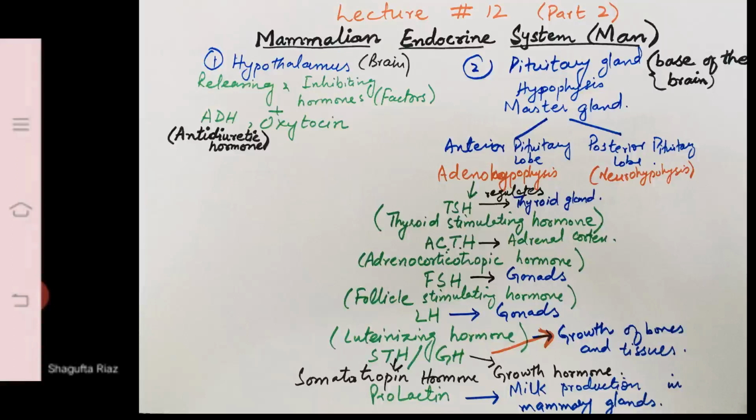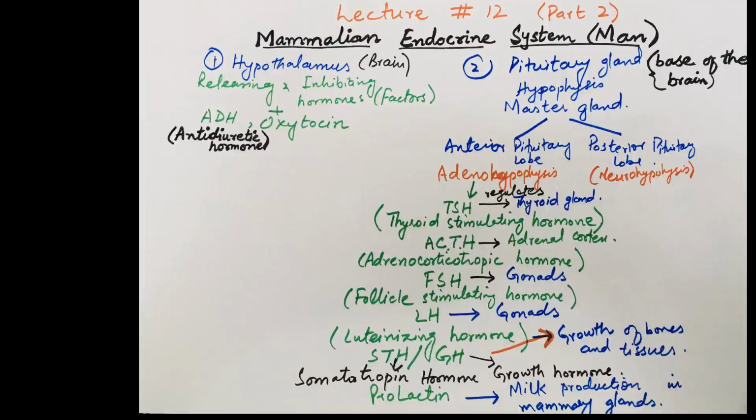Okay, the pituitary gland or hypophysis is divided into two different parts, that is the anterior pituitary lobe and posterior pituitary lobe. Okay, there are two parts, anterior pituitary lobe and posterior pituitary lobe.